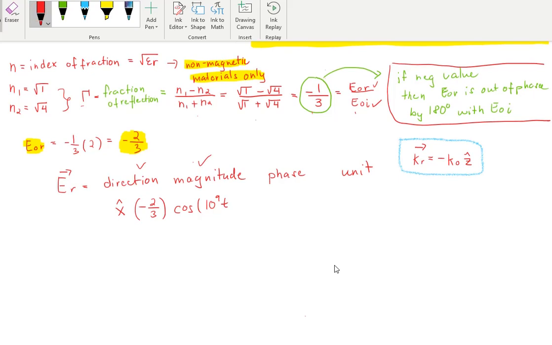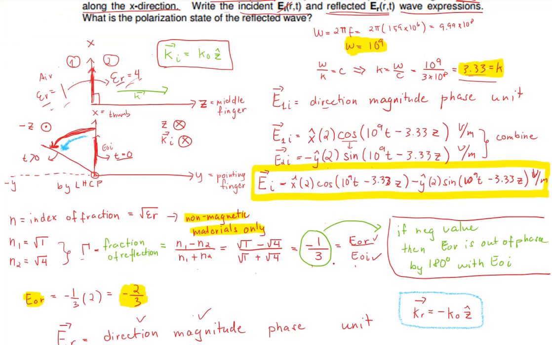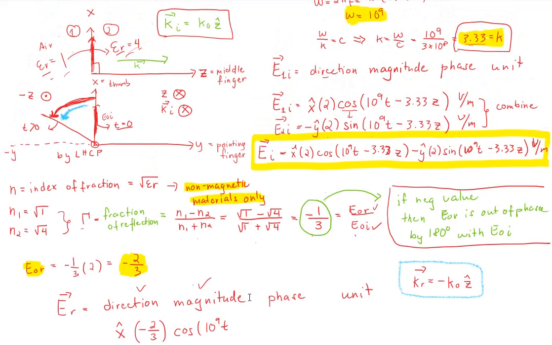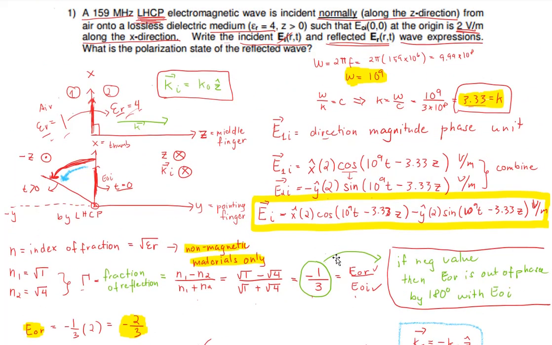Right? So since it's negative k naught z hat, and we have a value of 3.33 for k, so it's going to be negative, so double negative, that makes it a positive 3.33, because remember over here we have positive k, but we wrote down as negative 3.33.